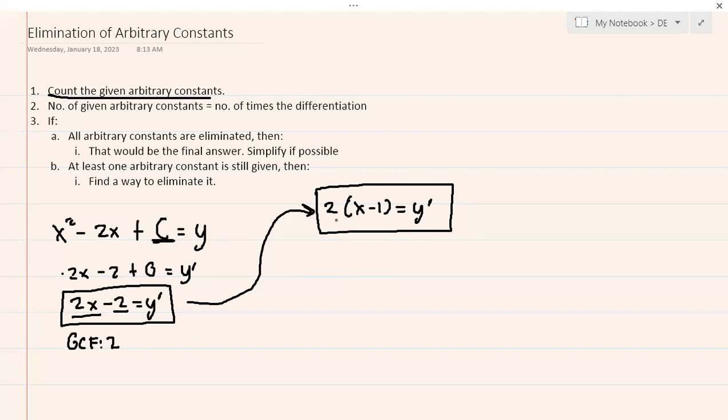If you want to get rid of the 2, you can divide both sides by 2. Then we will have x minus 1 is equal to y prime all over 2. This is also still correct. My point is that as long as it is correct and you find other ways to simplify it, then it's still correct. That's basically it.